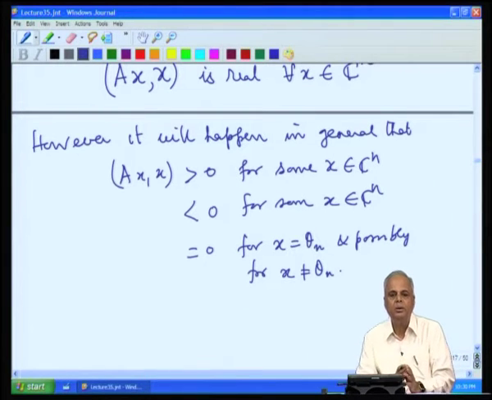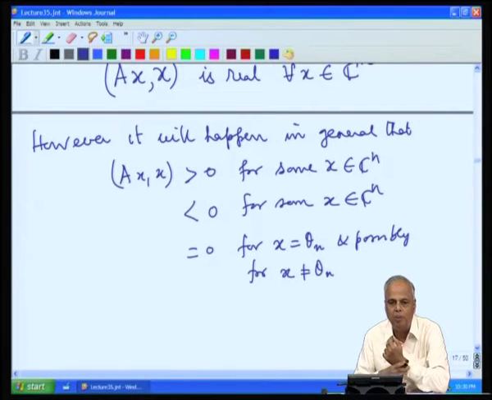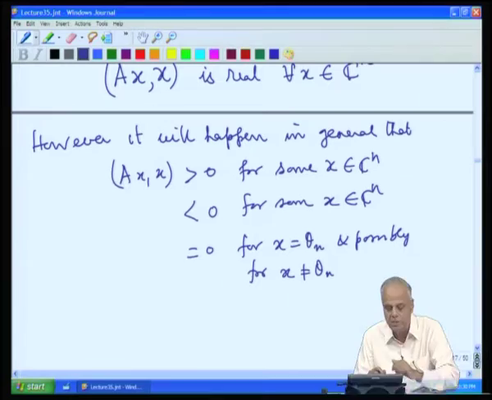So, in general, even though we know that A x comma x is real, we cannot say precisely whether it is going to be positive or negative. For a general Hermitian matrix, it could turn out to be positive for some x, negative for some x, and 0 for some x. Now, we are going to look at a special subclass for which it always maintains the same sign.